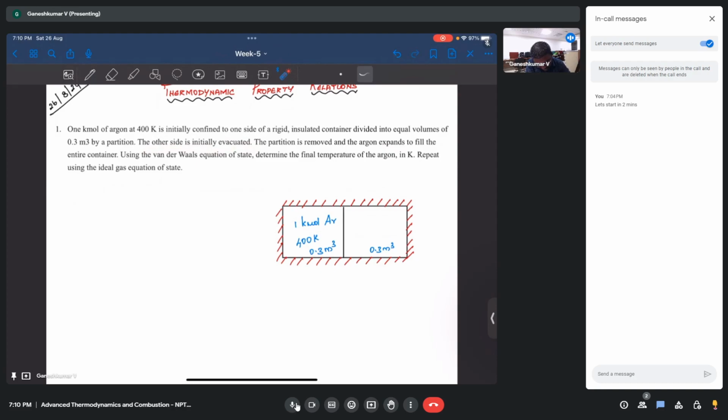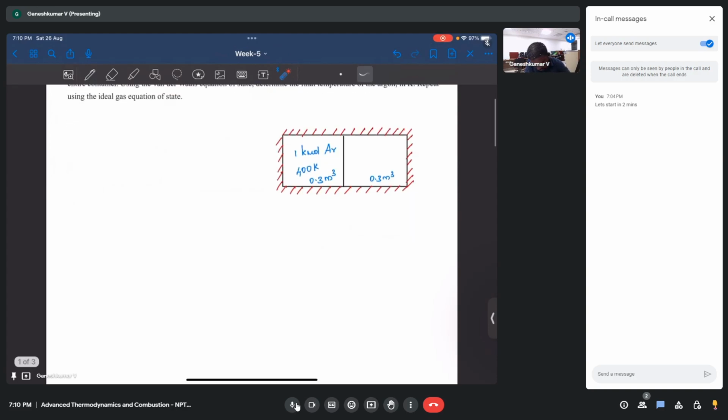The partition is removed and the argon expands to fill the entire container. Now this partition is removed. Let me just draw that container too. Maybe I will just copy paste this.